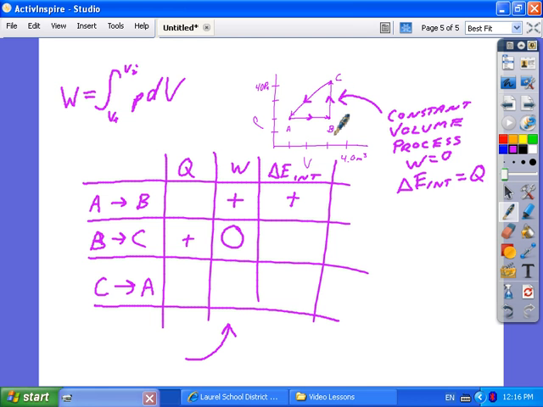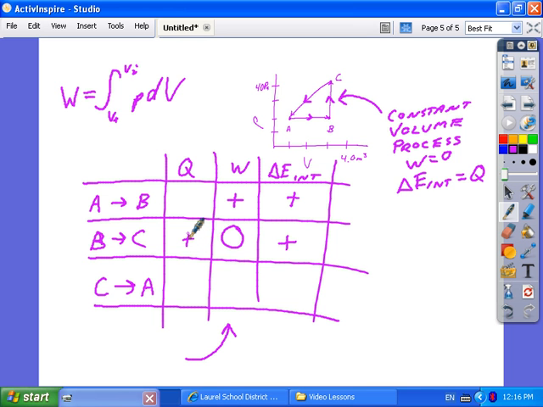The constant volume process means that my work is 0. I have no area underneath a single straight vertical line here. But my change in internal energy is going to equal my Q value. So, Q is positive. My change in internal energy then is going to have to be the same exact value.